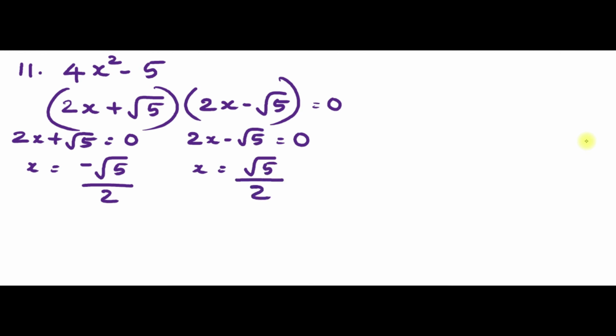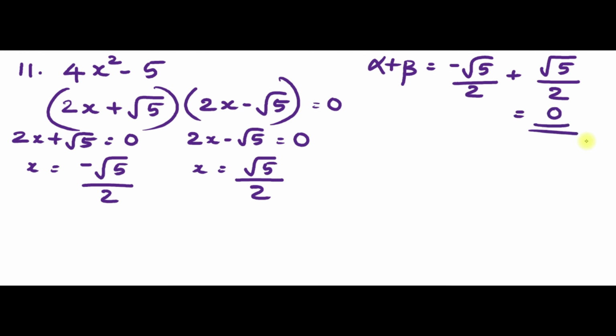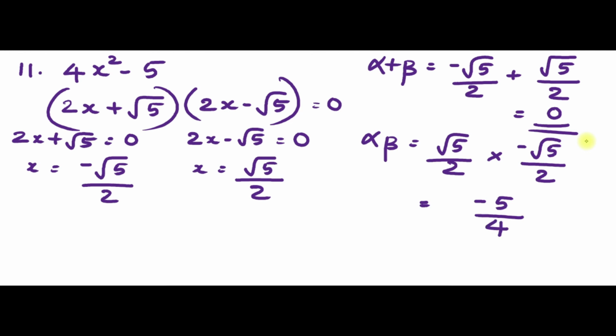Then your sum of zeros, that is alpha plus beta, is equal to minus root 5 by 2 plus root 5 by 2, which is equal to 0. Your alpha beta is equal to root 5 by 2 multiplied by minus root 5 by 2, which is equal to minus 5 divided by 4.